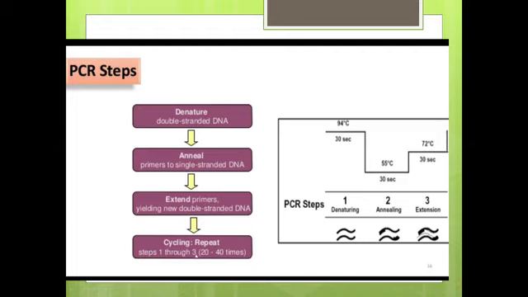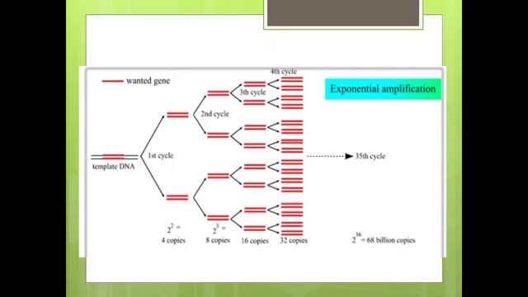Steps 1 through 3 are repeated 20 to 40 times, which will result in the amplification of a DNA molecule from one molecule to several billion molecules. So here is exponential amplification. As you can see, from one molecule of DNA, after one cycle we will obtain 2 molecules of DNA.